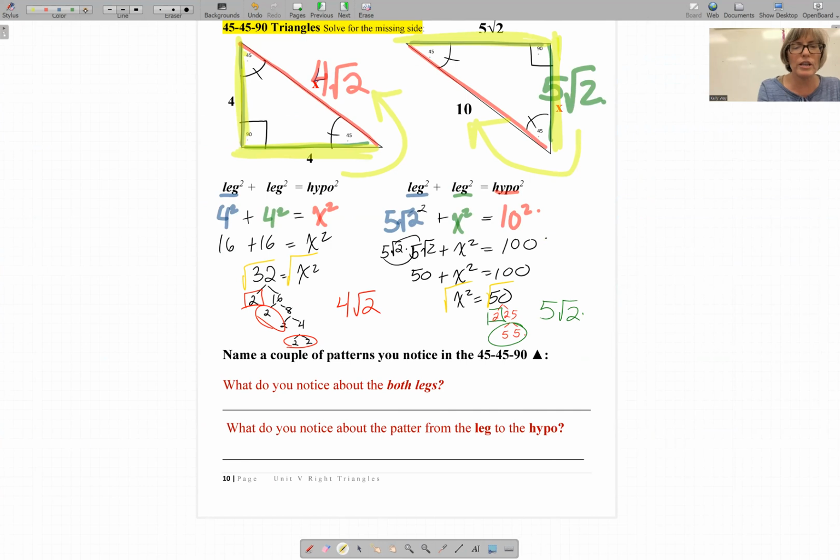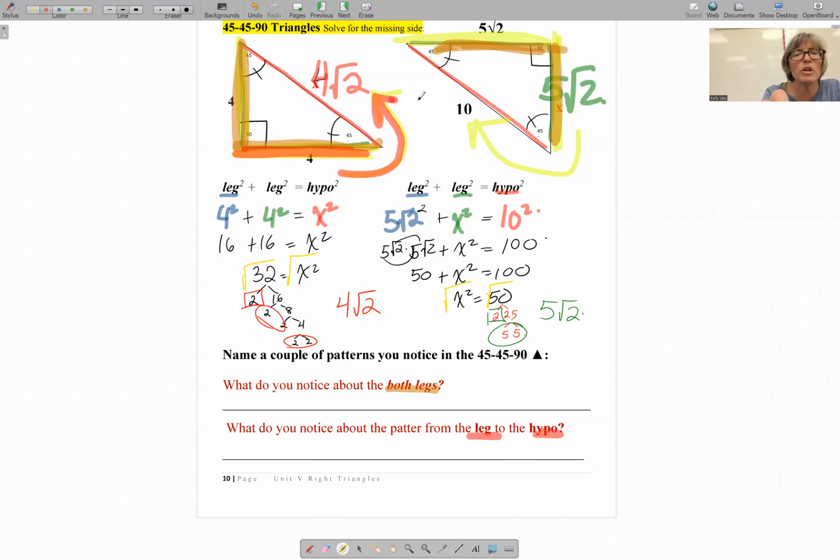The first question is, what do you notice about both legs? What do you notice about both legs? Second is, what do you notice about the pattern going from the leg to the hypo?